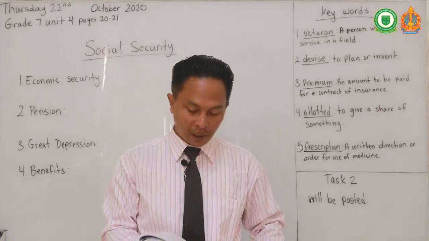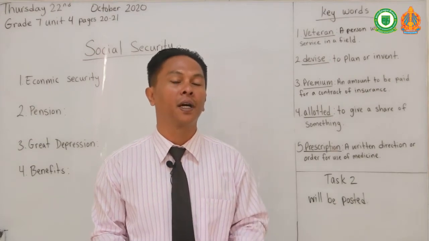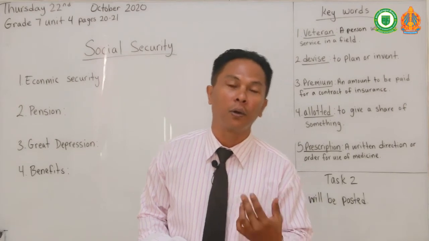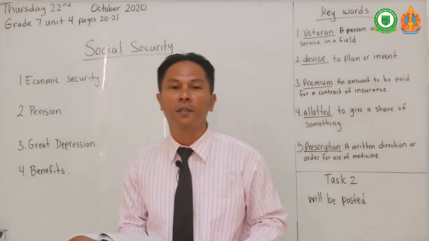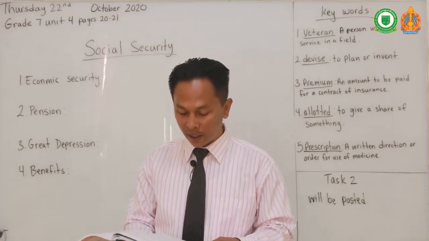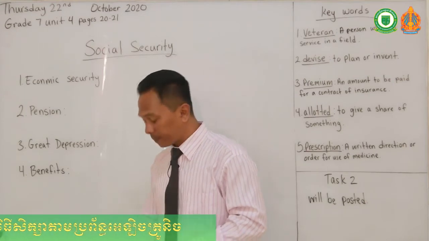But Medicare can also apply to kids whose parents do not have income coming in, or don't make a lot of money. So they can apply for Medicare. Okay, so those are the three benefits for Social Security.